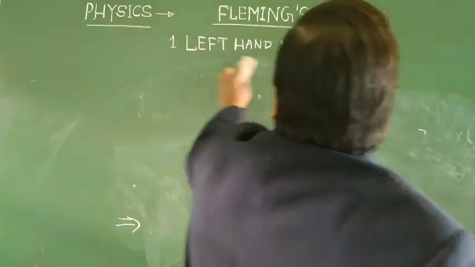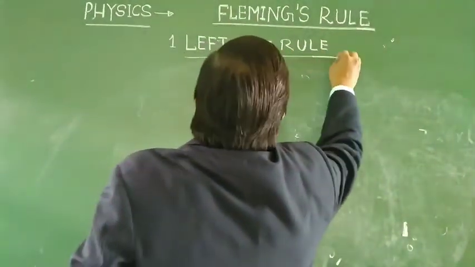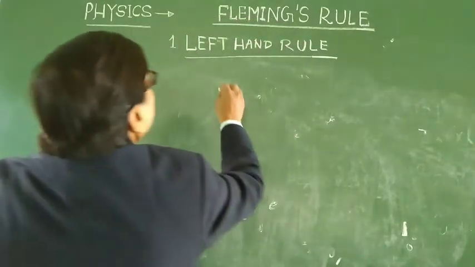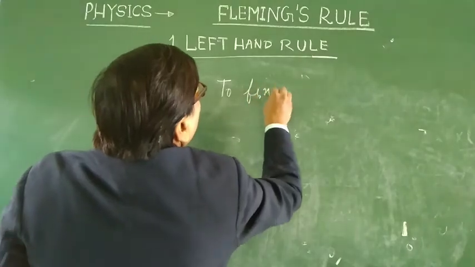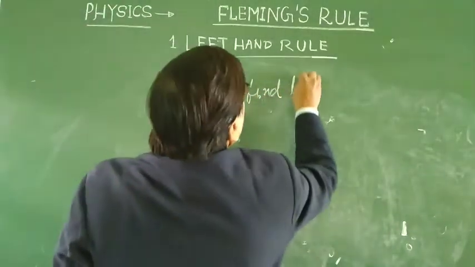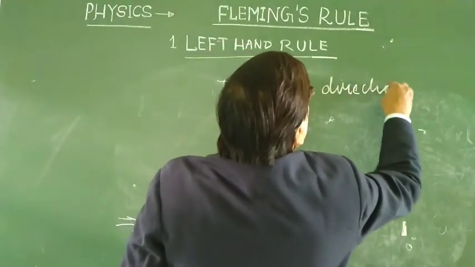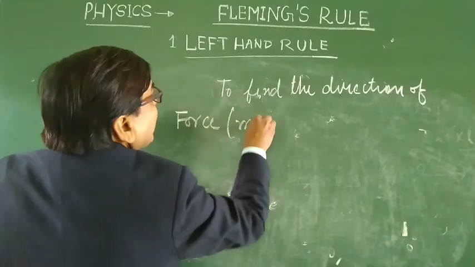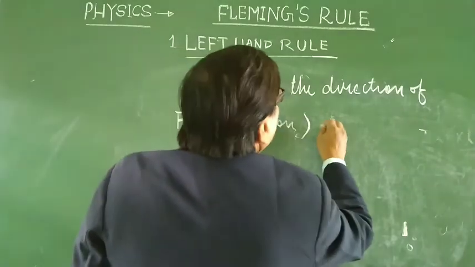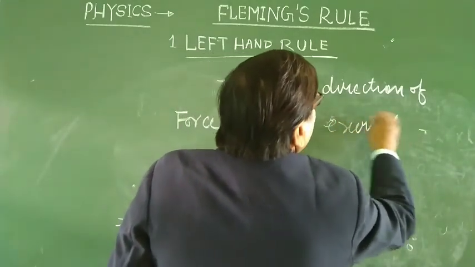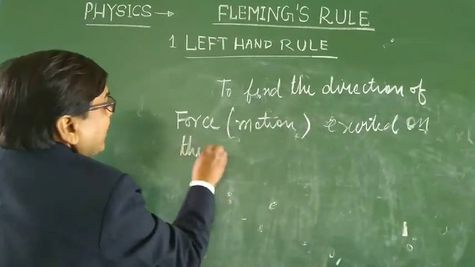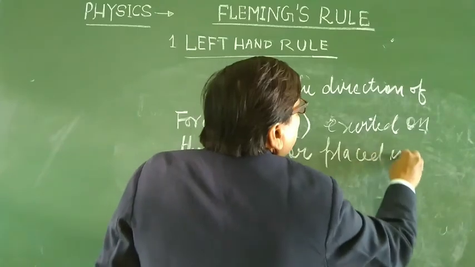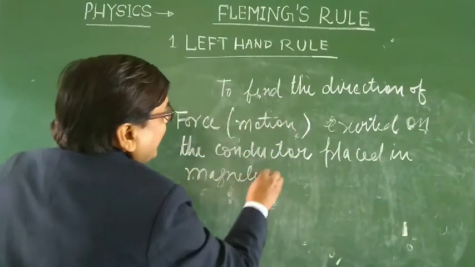This rule is first used to find the direction of force, you can write motion, exerted on the conductor placed in magnetic field.